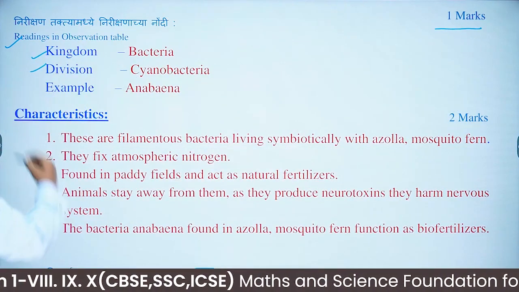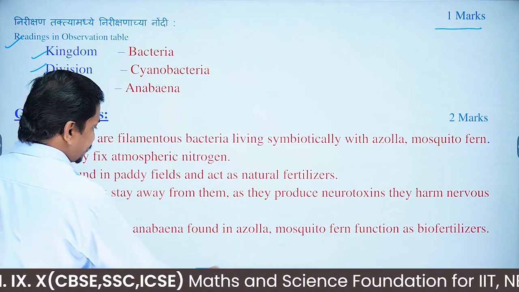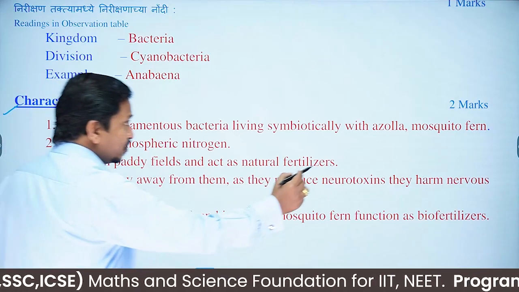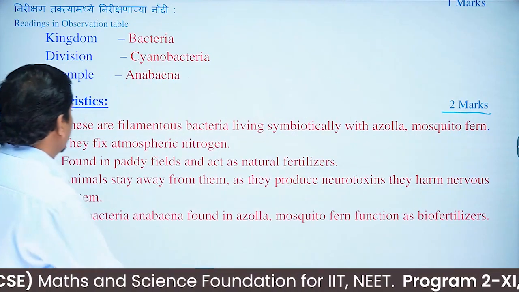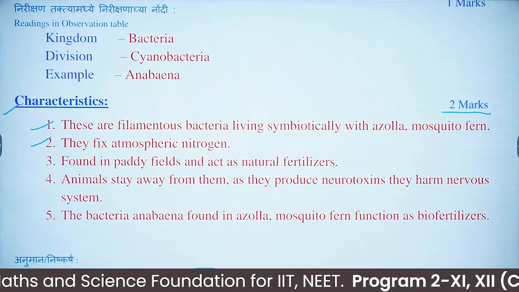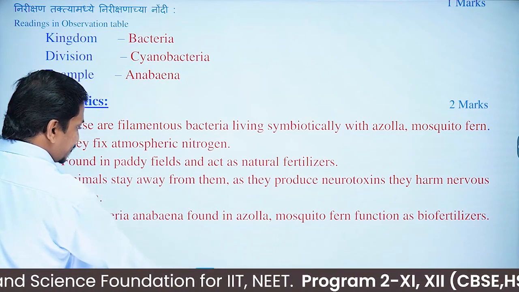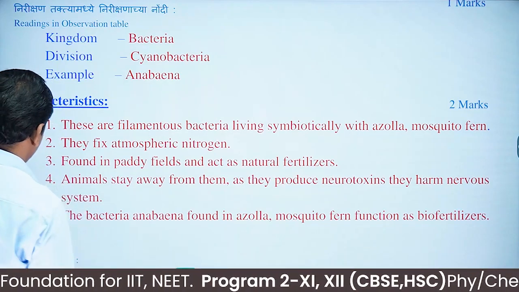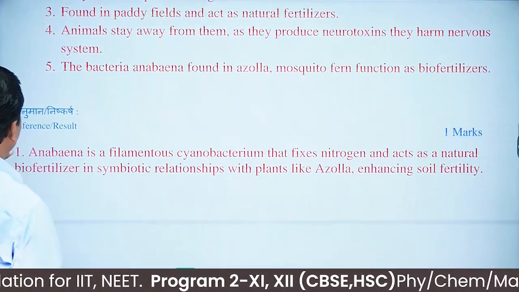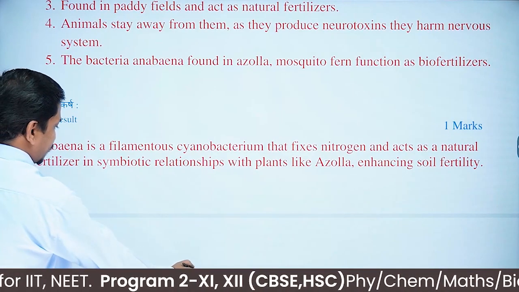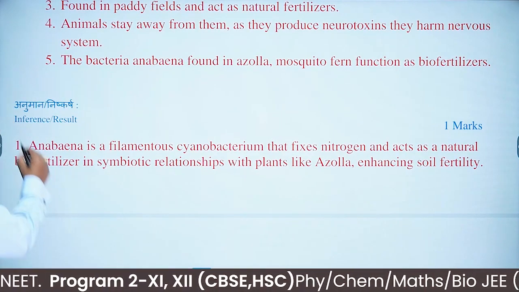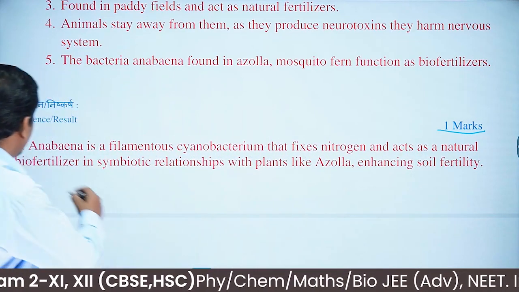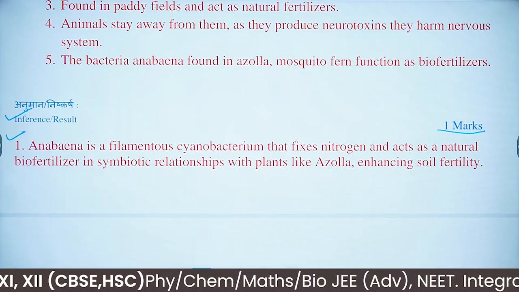For writing these 2 points, you will get 1 mark. For characteristics, you will get 2 marks. For writing any 2 points, you will get 2 marks. For conclusion, you will get 1 mark. For writing this point, you will get 1 mark.